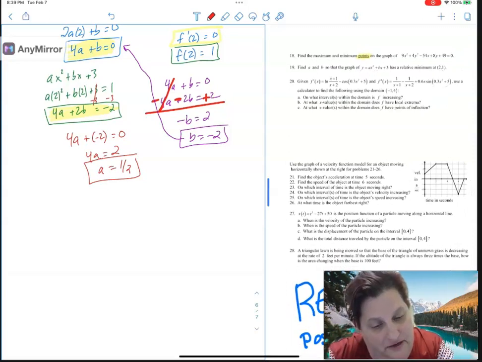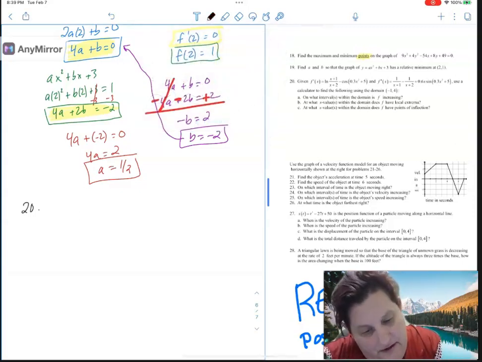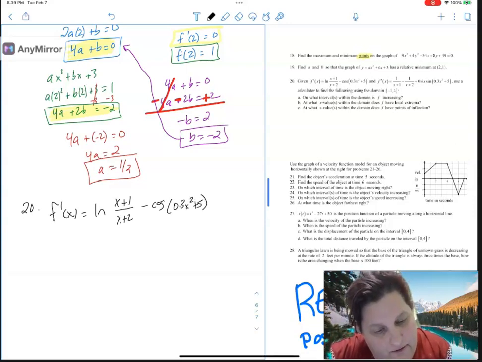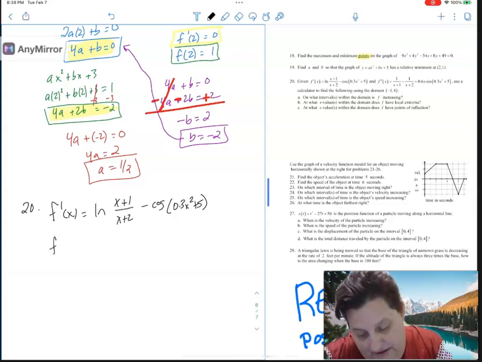All right, let's see here. Number 20 is a really good calculator question, so let's go over that. F prime of x equals ln(x plus 1) over (x plus 2) minus cosine of (0.3x squared plus 5). Oof. Whew. F double prime of x.